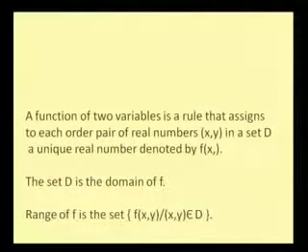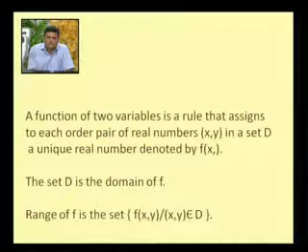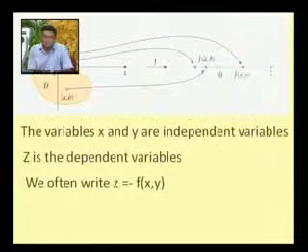Next slide. So the definition of a function of two variables is like this. A function of two variables is a rule that assigns to each ordered pair of real numbers x, y in a set D a unique real number denoted by f of x, y. The set D is the domain of f and the range of f is the set of f of x, y such that x, y belongs to D. Right.